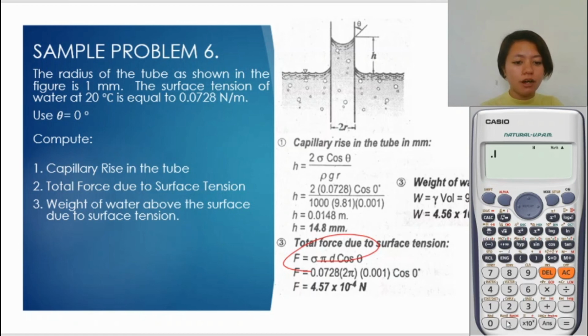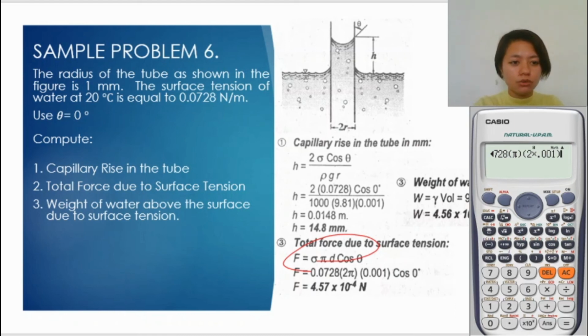So we have here 0.0728 surface tension times pi times the diameter. Our diameter is 2 times 0.001. Times 2, guys, because only the radius was given, and the radius is half of the diameter.